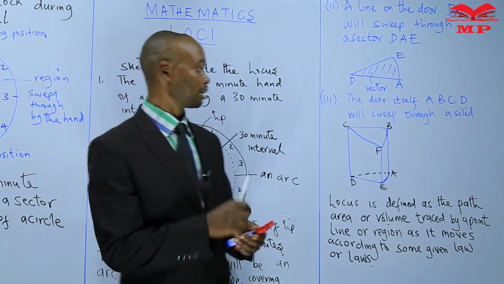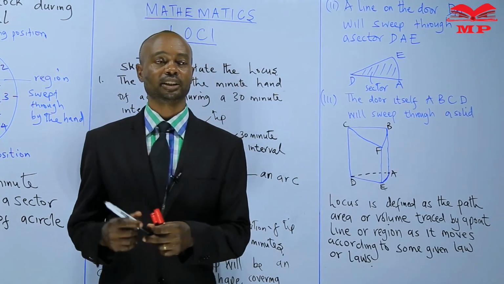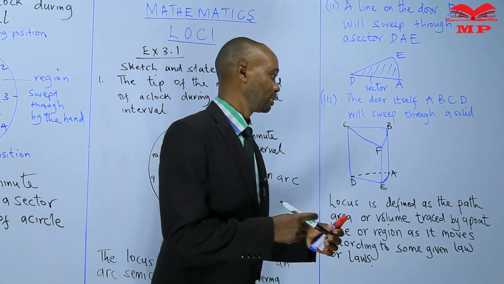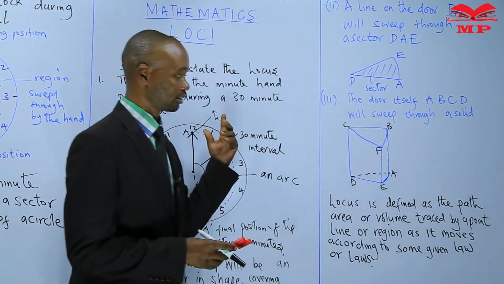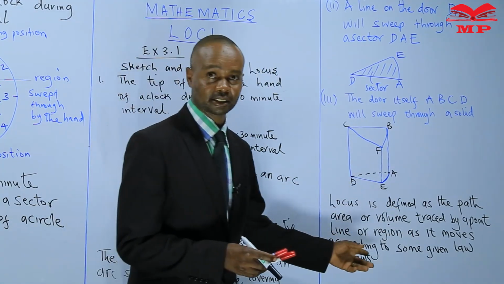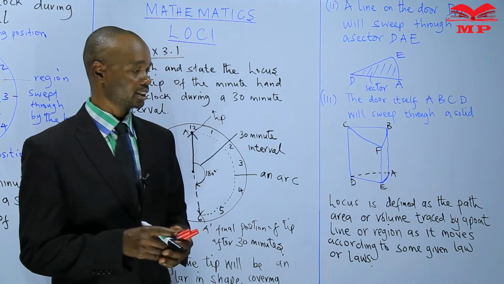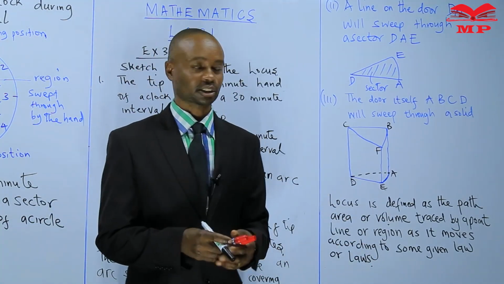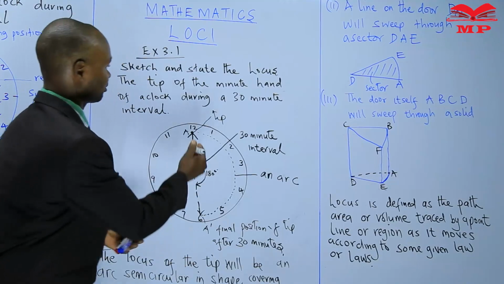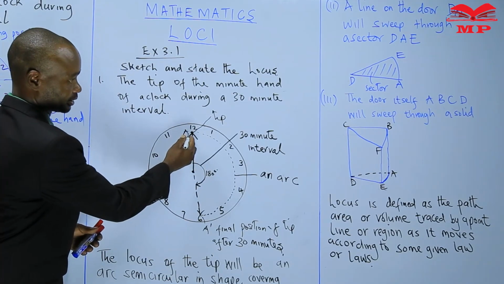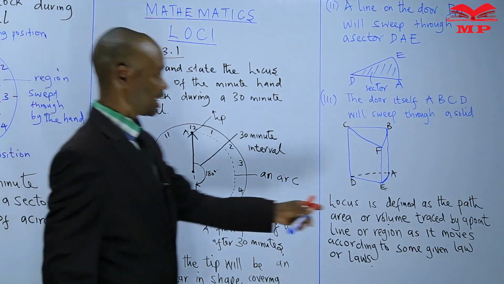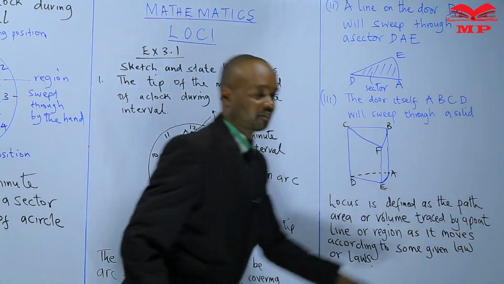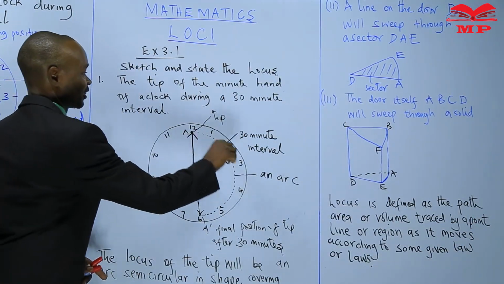So if you look at our example, we mainly tackled two of them, where we had a tip in the clock, and a line which was associated to the minute hand. Isn't it? So like in the first example, we had a tip. It is a tip indicated by a point. So the point will give a path.